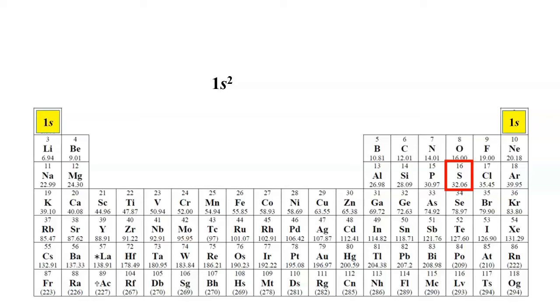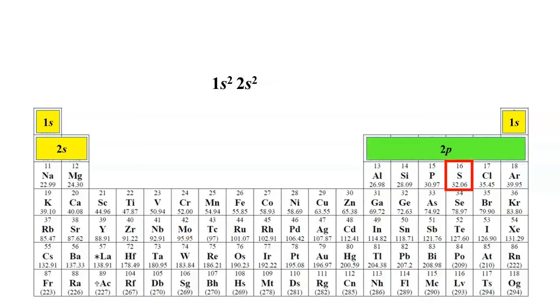So in the next row of the periodic table, the second period, it's going to be 2s2, and then finally 2p6. That closes out all of the electrons in level 2.